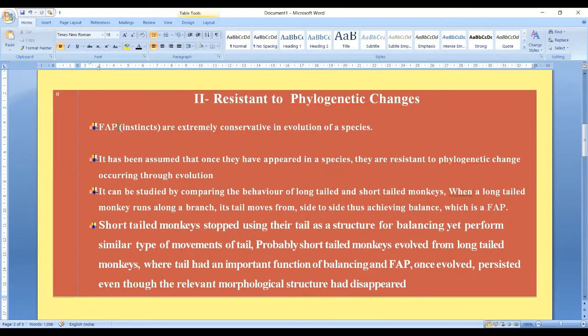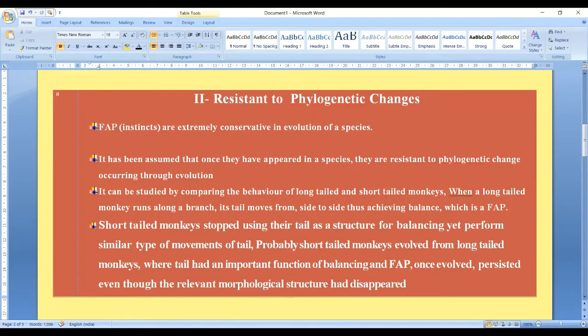They have not changed during the course of evolution, and this shows that they provide positive selection to the species. The species is preferred because of that specific FAP. The species is preferred over another organism, and that's why it is able to survive. So the FAP also has an evolutionary significance.